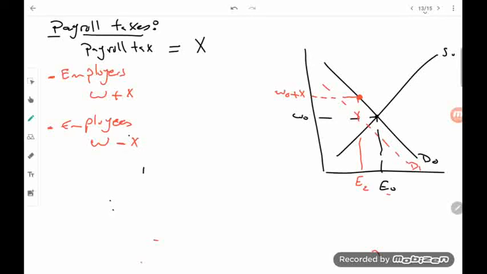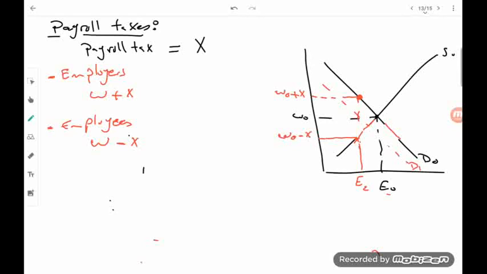If it is going to be paid by the employees, the actual value paid by the firm is W node minus X. So it will be E2.